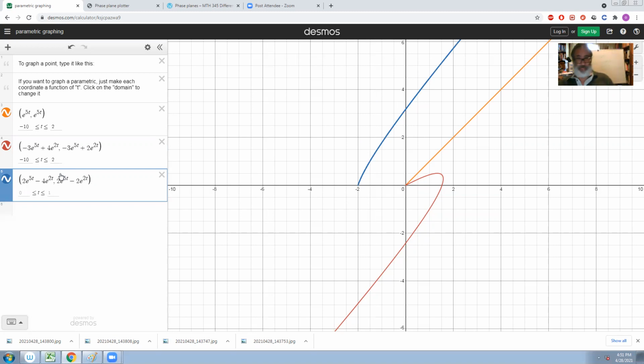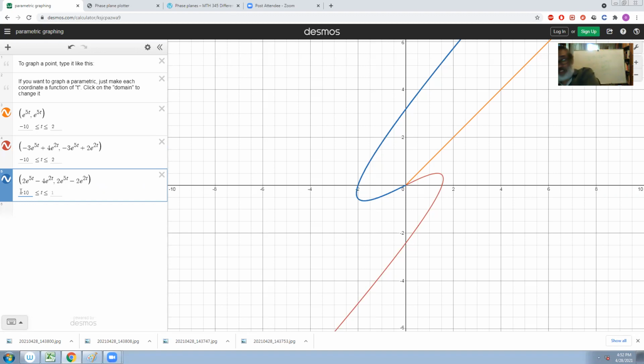And in order to get this, notice that's at t equals 0. So let's go to minus 10, see what happens. And sure enough, we're emanating from 0, but we come right down and you get this other characteristic as you see right here. I think that's kind of interesting. So that gives you an idea about a nodal source.